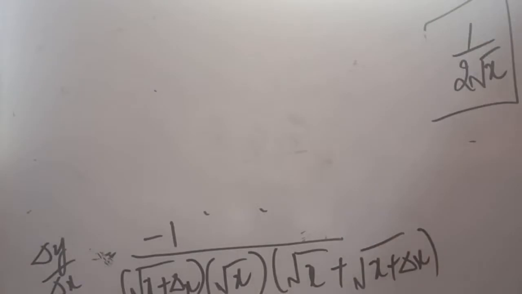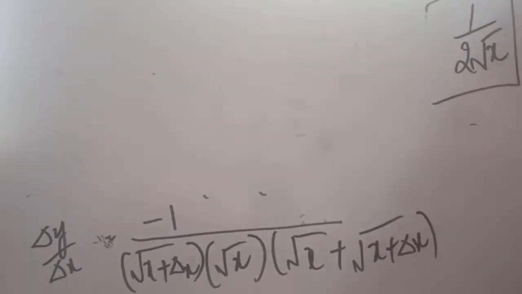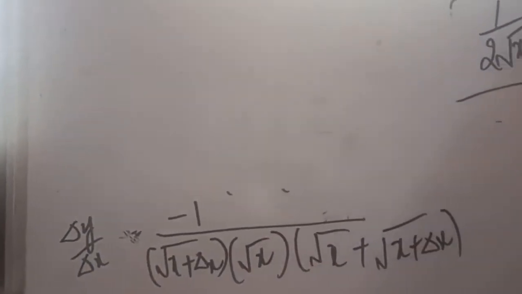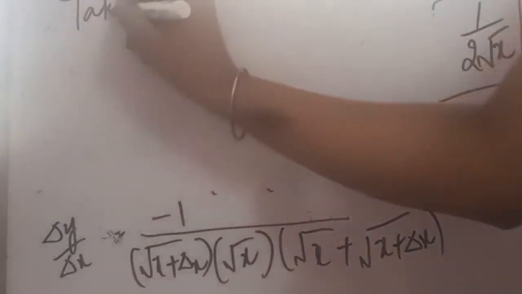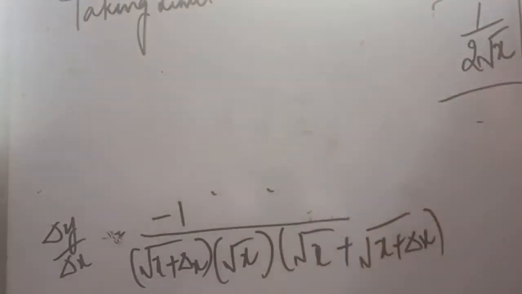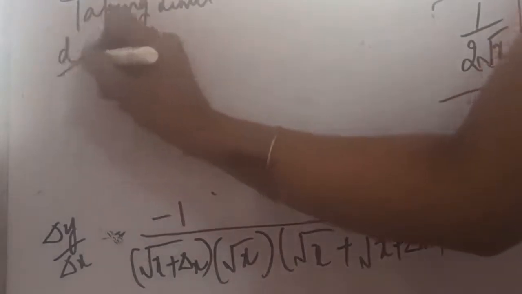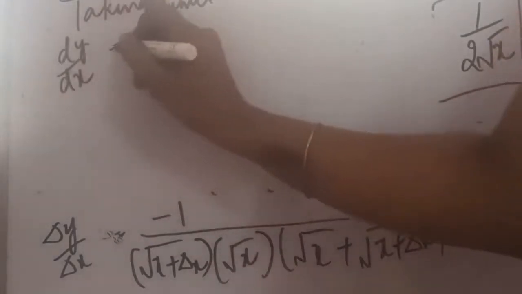Now finally we will move towards our next step, that is taking the limit. So we know taking the limit on the left hand side will convert it into differentiation. We are applying the final step, that is taking the limit. So if we take the limit on the left hand side, it will be converted into the derivative, differentiation.